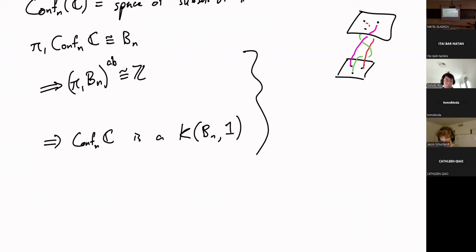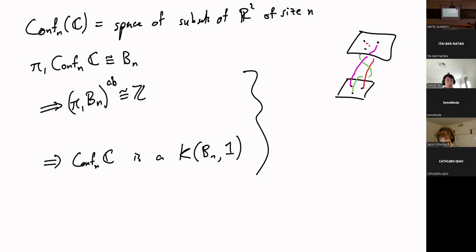If you take the analytic topology on the complex points of Conf_n, you get exactly the actual configuration space of n points in the plane, and those really do agree as topological spaces. Over a finite field, the points of Conf_n over F_q are not just collections of n points in F_q, because polynomials over F_q don't always split. But over C, polynomials always split, and so having a polynomial is the same as having a bunch of numbers, which is the same as having a bunch of points. Okay, I see, that makes sense.